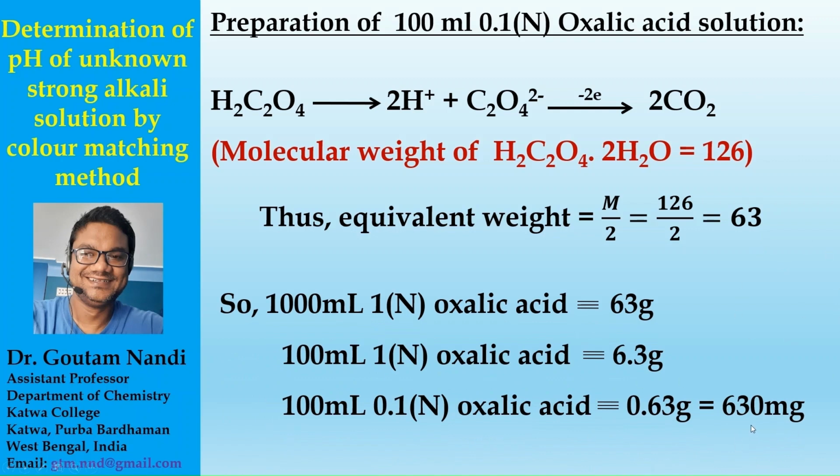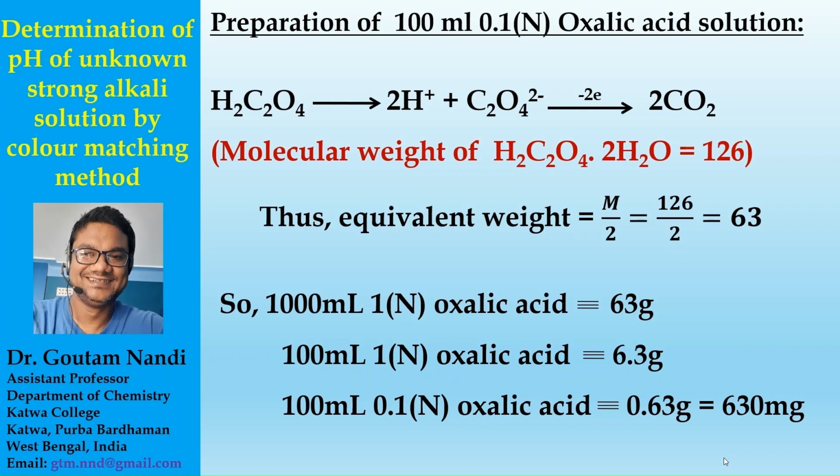If you have a digital balance in your laboratory, you can easily take this amount, and then take it in the volumetric flask and fill up the 100 milliliter volumetric flask with water up to the mark. Then you will get the exact 0.1 normal oxalic acid solution.